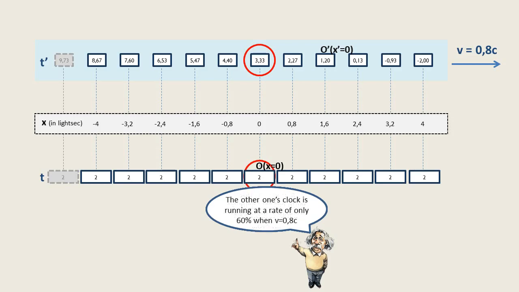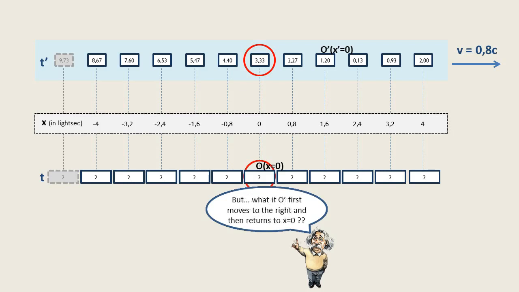It is running slower at a rate of only 60% in the case that the speed is 0.8 times the light speed. And in fact, the square root of 1 minus speed squared divided by light speed squared is 60% if the speed is 0.8 times the light speed. This is how time dilation is really symmetrical.